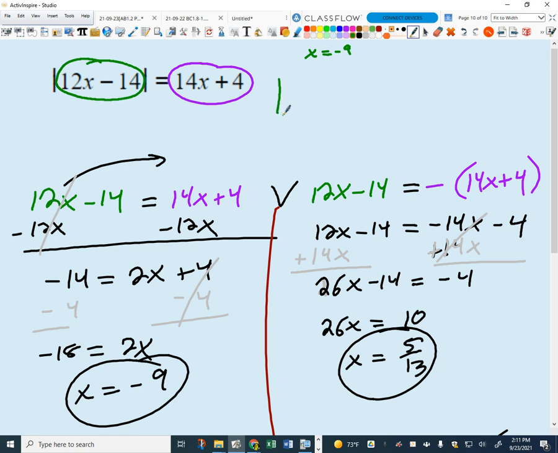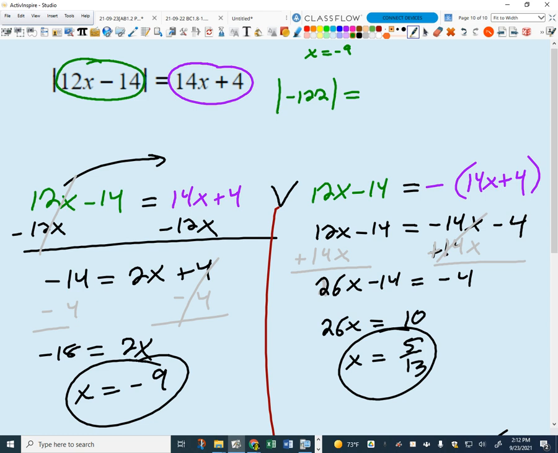I get the absolute value of 12 times -9, so that's -108 minus 14 is what? -122? Absolute value of negative, you guys check me, did I do that right? Okay, is equal to 4 times -9. Well, it's not going to work, is it? It's not going to work.